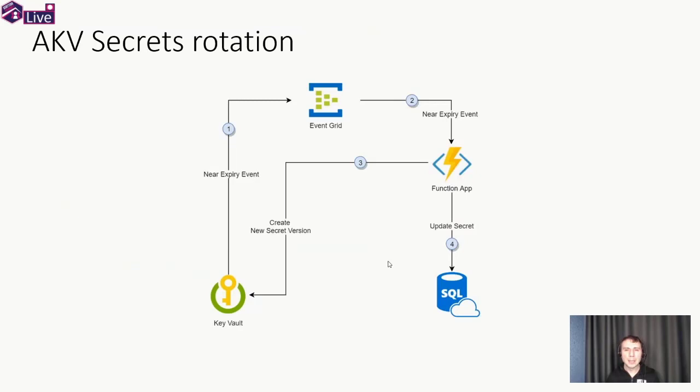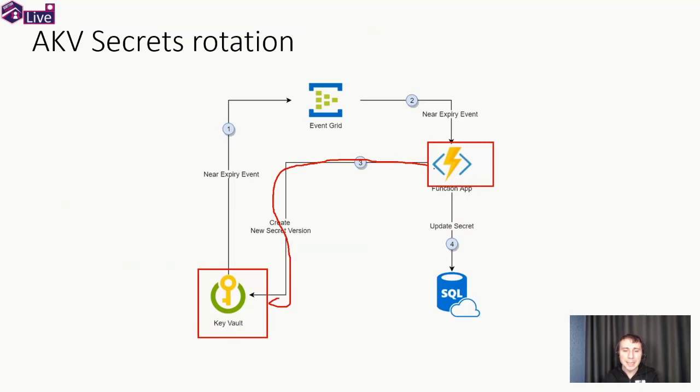Because that's the screenshot from the Microsoft website. If you want to use Key Vault, you should rotate keys and secrets, and so a special function will generate a new secret or key and modify that in the Key Vault and in the database as well.